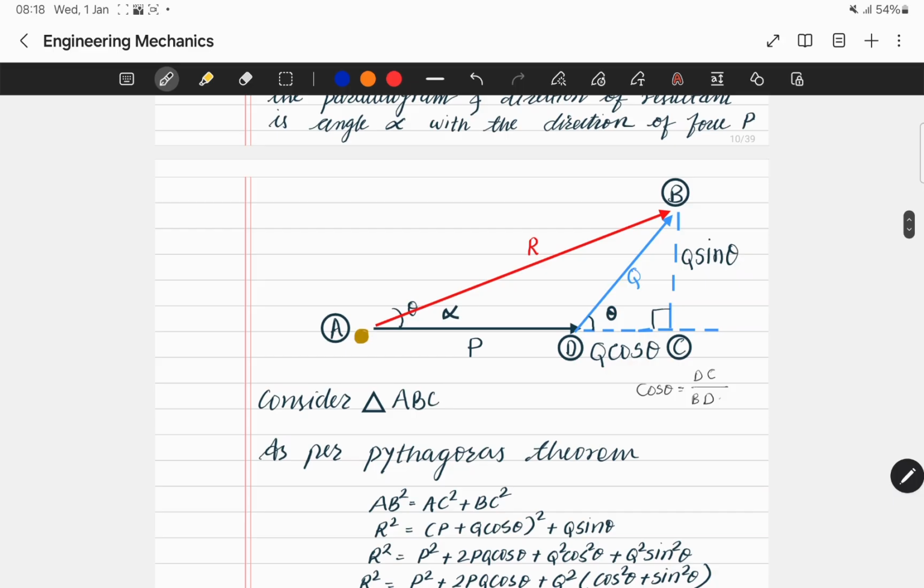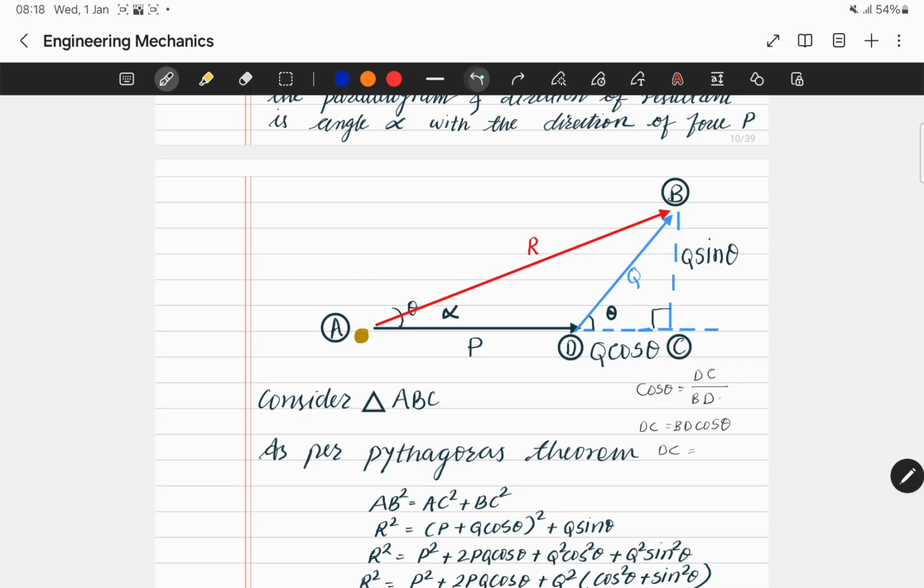We want DC, so DC is equal to BD cos theta. BD is nothing but Q, so this is Q cos theta. That's why DC is equal to Q cos theta.